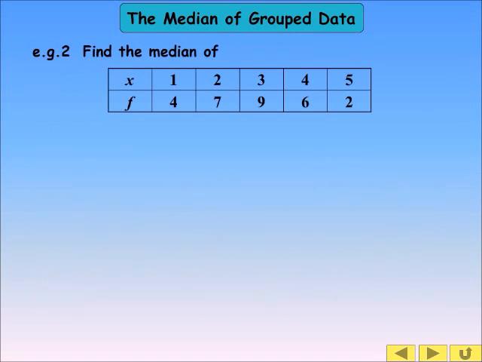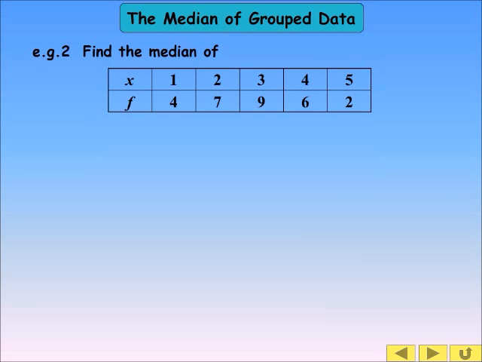Example 2. Let you see the table. Find the median if x equals 1 the frequency is 4, x equals 2 the frequency is 7, x equals 3 the frequency is 9, x equals 4 its frequency is 6, x equals 5 the frequency is 2.